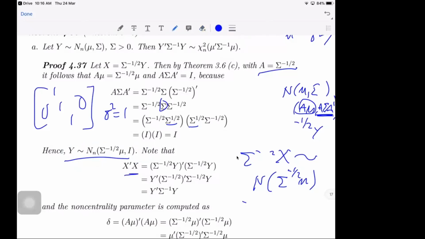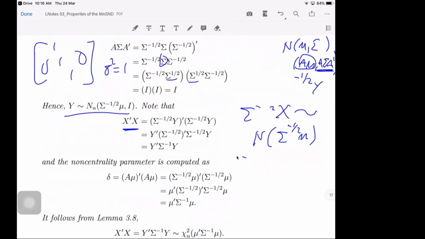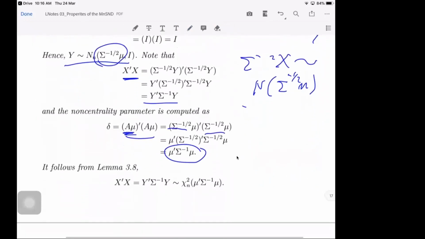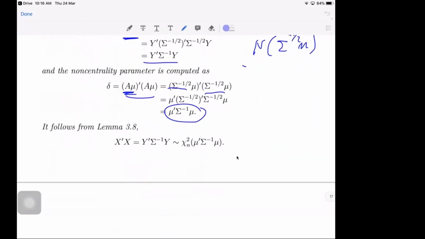And then you get the x prime x. We have this, and the non-centrality parameter is mu prime mu. But our mu is A mu, which is equal to that. So our non-centrality parameter is mu prime sigma inverse mu.